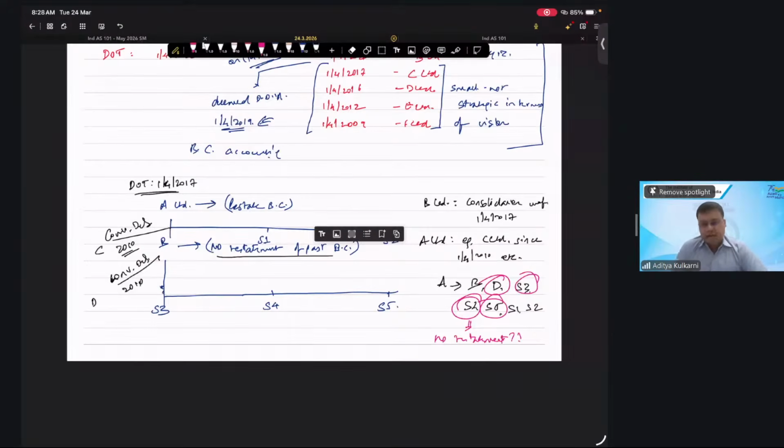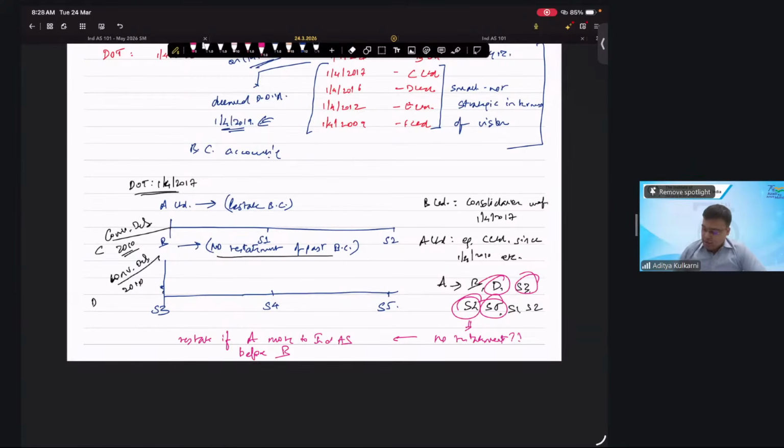This would be the scenario if A moves to Ind AS before B. A has already applied Ind AS, is a holding company of B. B is opting for no restatement, but A is opting for restatement.